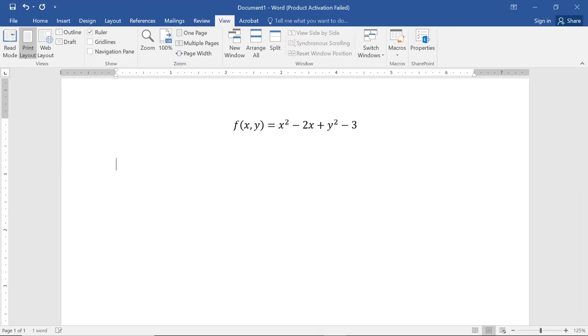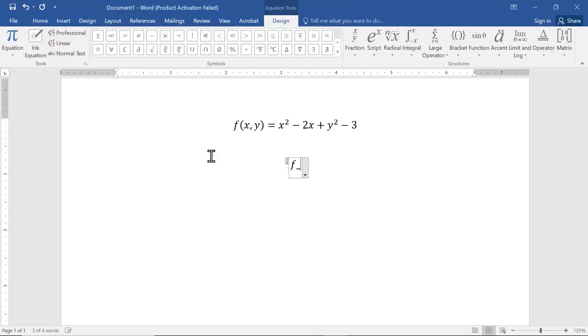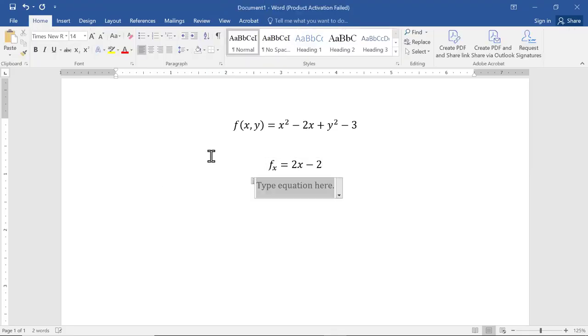So I'm going to start by taking the first order partial derivative with respect to x, and then the first order partial derivative with respect to y. The first order partial derivative with respect to x is 2x minus 2.